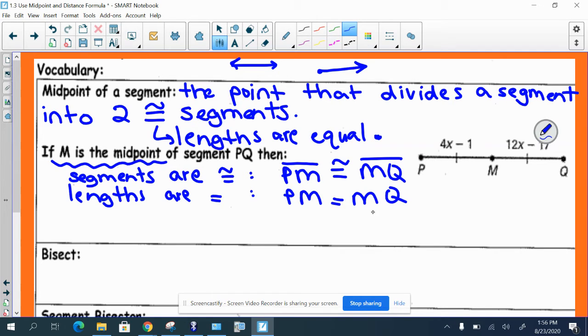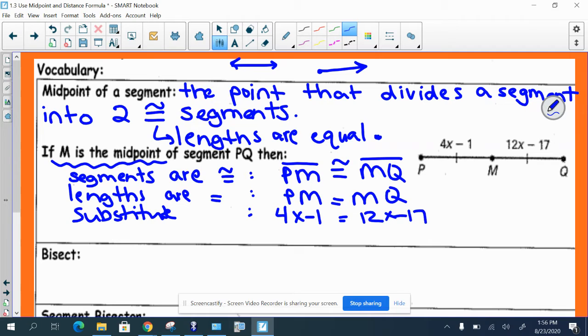Now, PM and MQ, their lengths are represented by these two expressions. So next we can substitute the expressions for the letters. So 4x minus 1 equals 12x minus 17, and then we can use algebra to solve for x.